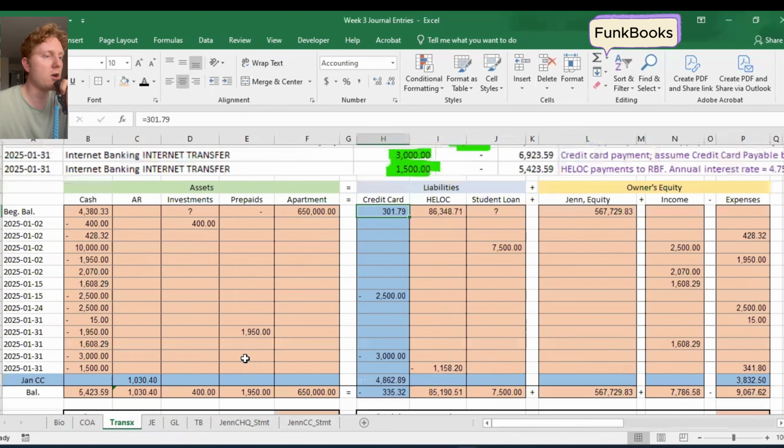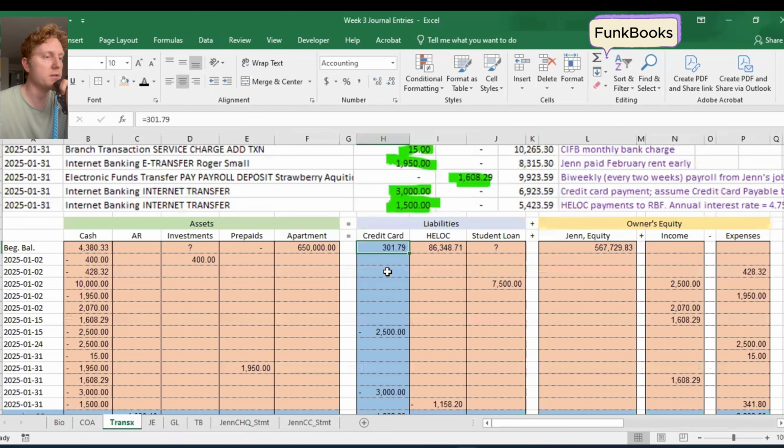I think we have one more though. We have the HELOC balance, so we need to get this amount in. This is the remaining amount owing on Jenn's apartment, the investment property. Again, this is going to be a reduction to equity, because now we're saying, okay, we had this big asset, we increased our equity by 650, but we actually have to pay back some of that. So not all of this apartment is equity right now.